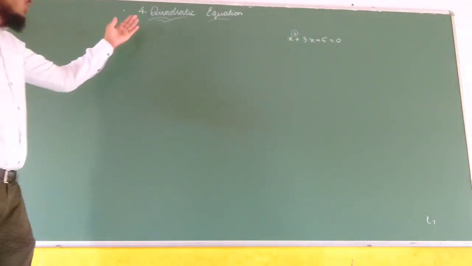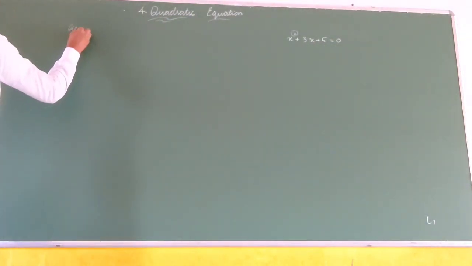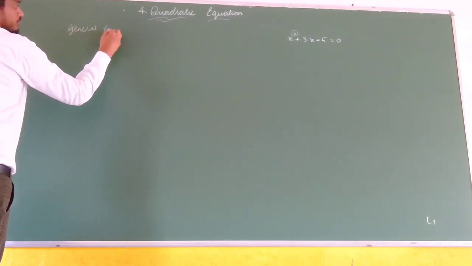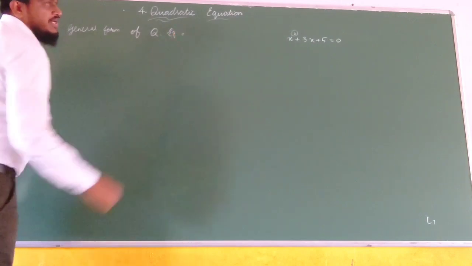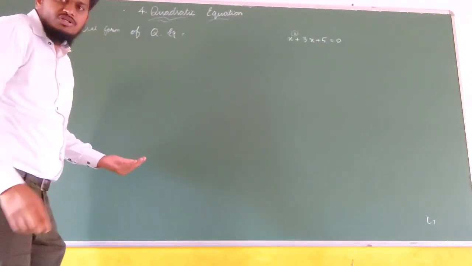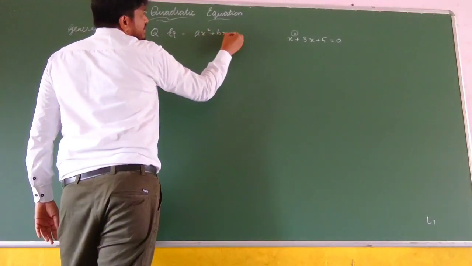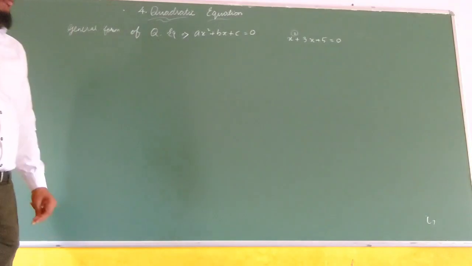And one more thing: what is the general form of a quadratic equation? We know that it is ax square plus bx plus c equal to 0. So this is the general form of a quadratic equation.